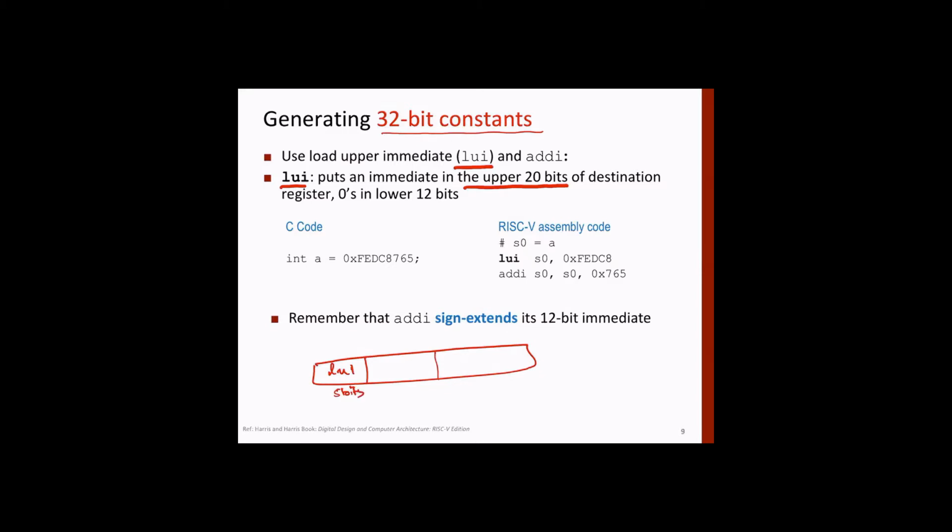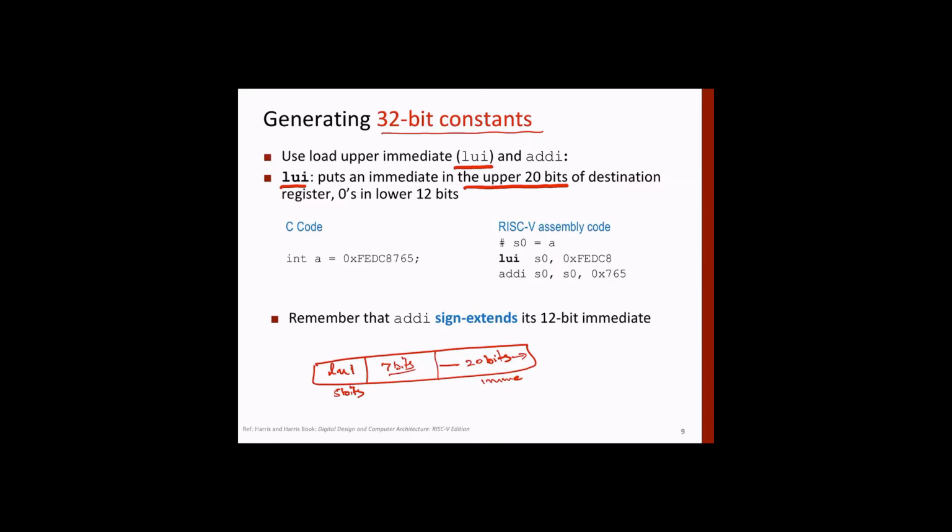I'm sorry, not 12 bits, this is 20 bits, let's say. This is the immediate field. And then 32 minus 25, that is 7 bits for something else. Let's see what it is, but we don't care about it now.